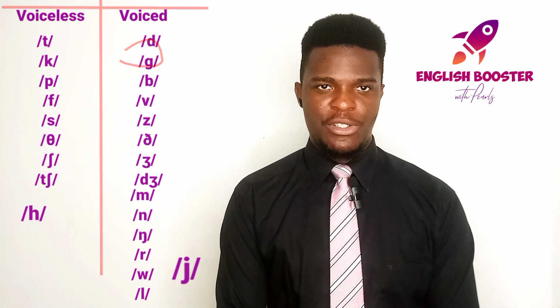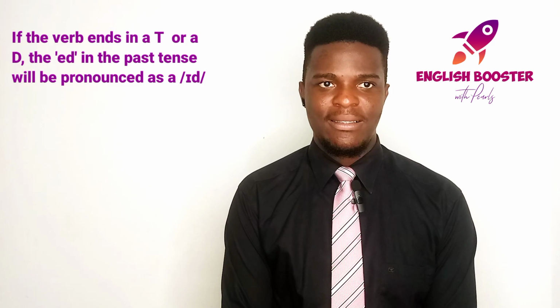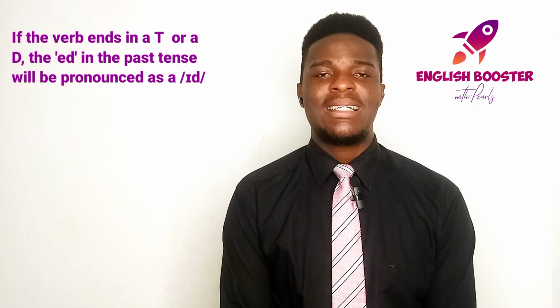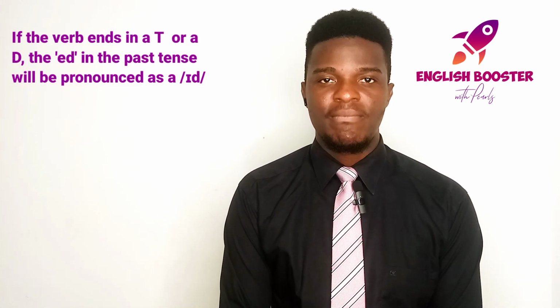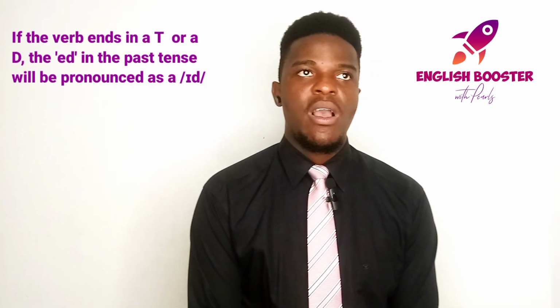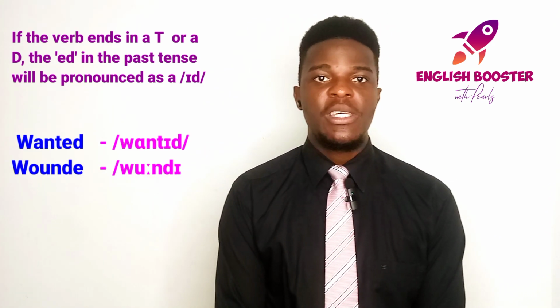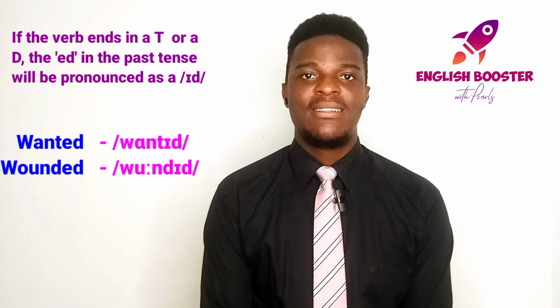Now, there are exceptions. If the word ends with the letter t or the letter d, the ed is pronounced as id. So want, the past tense will be wanted.